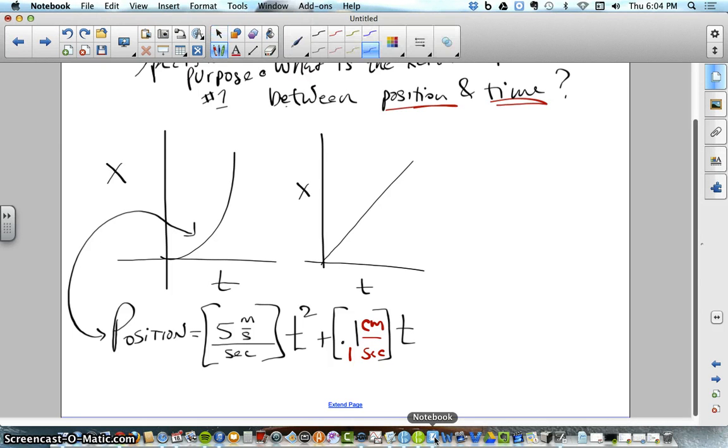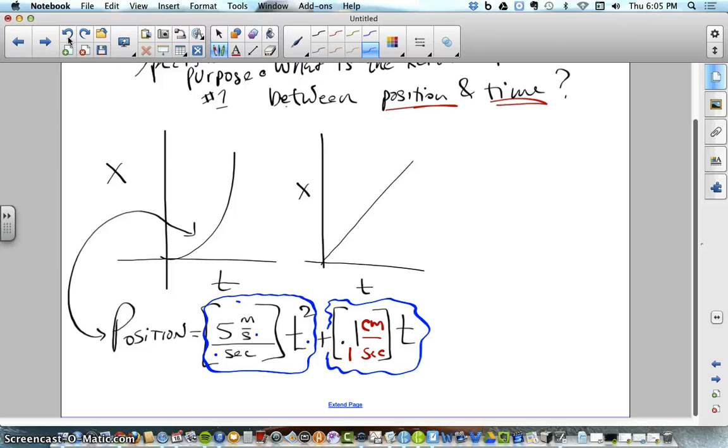And the units for this entire thing have to be simplified to centimeters. If you notice, these units here simplify to centimeters because I'm multiplying t squared. So if I plug in time, I get seconds squared, and my seconds squared are going to cancel here and here.